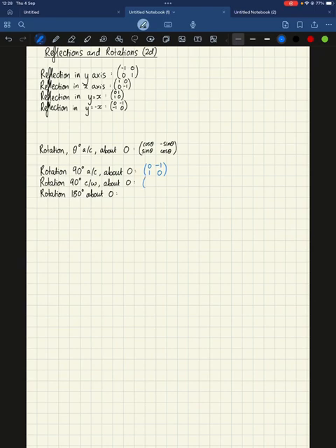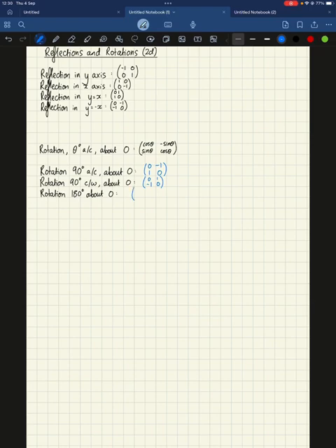90 degrees clockwise, well, like we said earlier, clockwise is the negative direction, so we're going to plug in minus 90. So cos of minus 90 degrees will still be 0. Sine of minus 90 this time will be minus 1. Minus sine of minus 90 will be minus minus 1, which is 1. And then again, cosine of minus 90 is just 0.